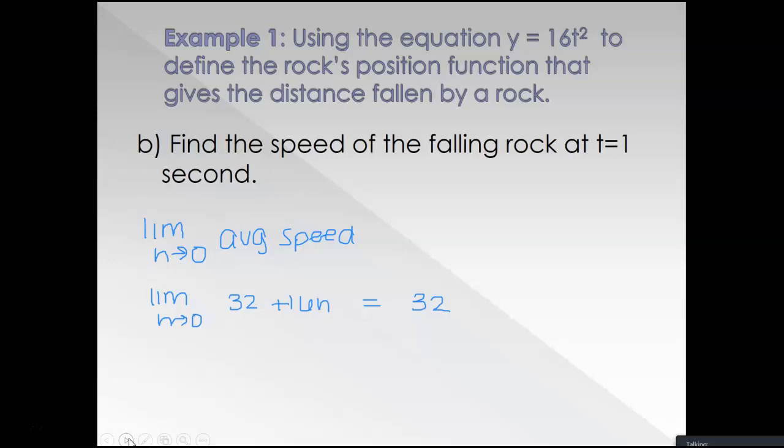And remember that if you're given 16t squared, that means that this is in feet per second. If it was 9.8 t squared, then it would be meters.